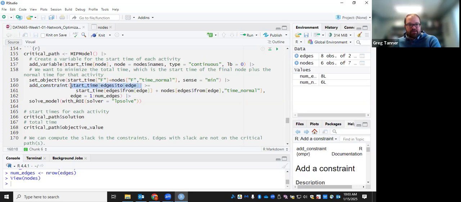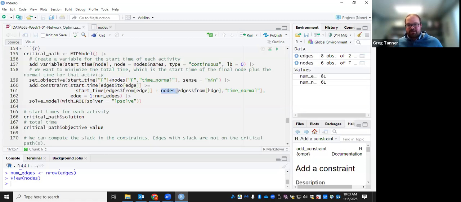So this is the start time of the next activity. Each of the edges has a from and a to. So this is the next activity. Its start time has to be greater than or equal to the start time of the previous activity, so it's the from part of that edge, plus the from part of the edge's normal time.